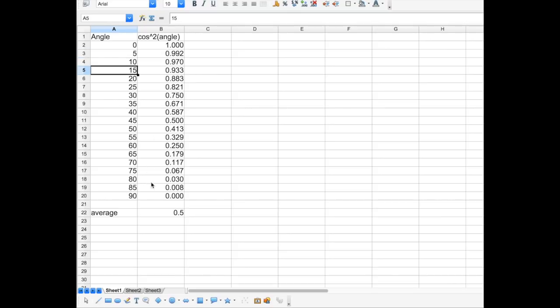But you notice in this list a symmetry, right? For 0 degrees, there's a 1, and at 90 degrees is 0. At 5 degrees, it's 99.2, but at 85 degrees, it's 0.8% transmission. At 10, it's 97%. At 90 minus 10, or 80, it's 3%, right?